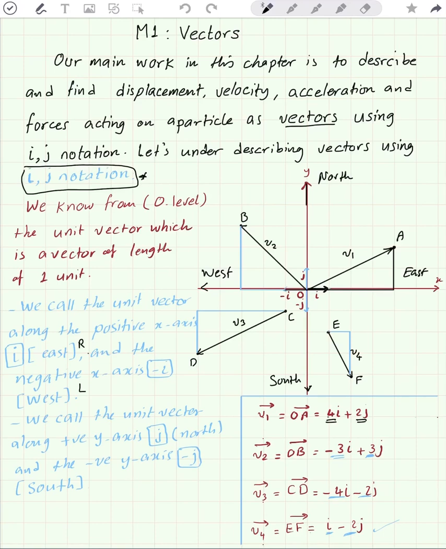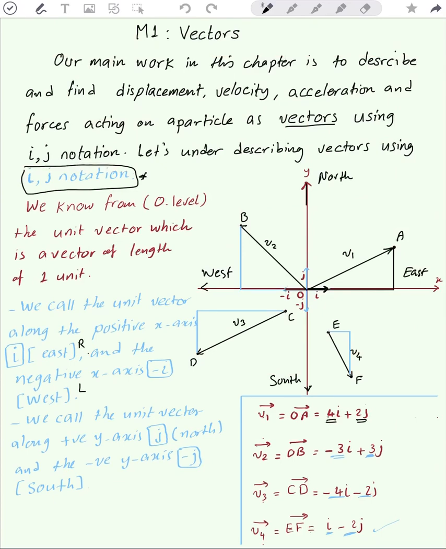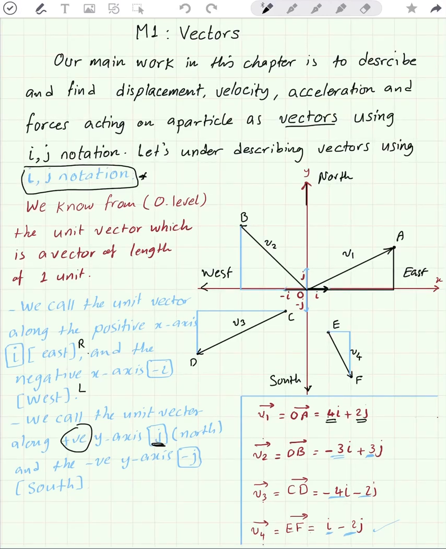We call the vector along the positive y-axis J, or north, in the direction of due north, and the vector opposing it, which is down or due south, is negative J, as shown on the grid here. I, negative I, J, negative J.